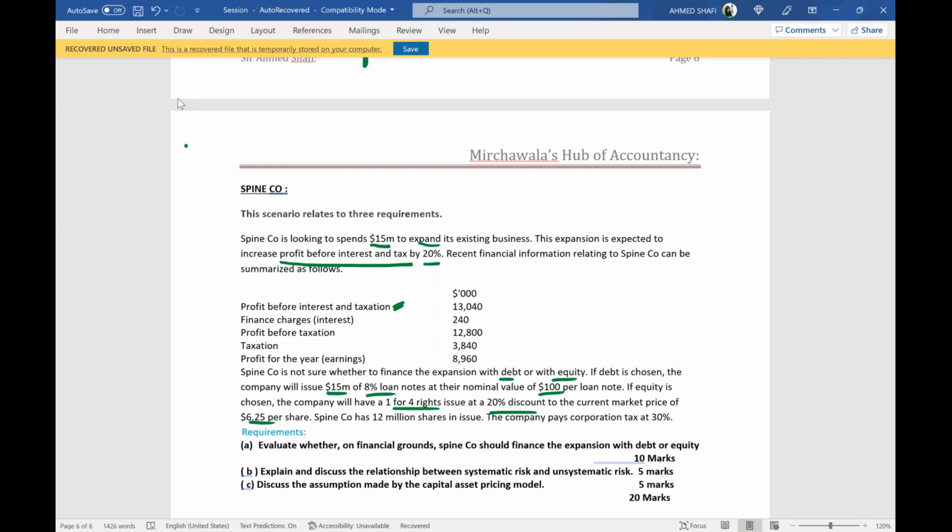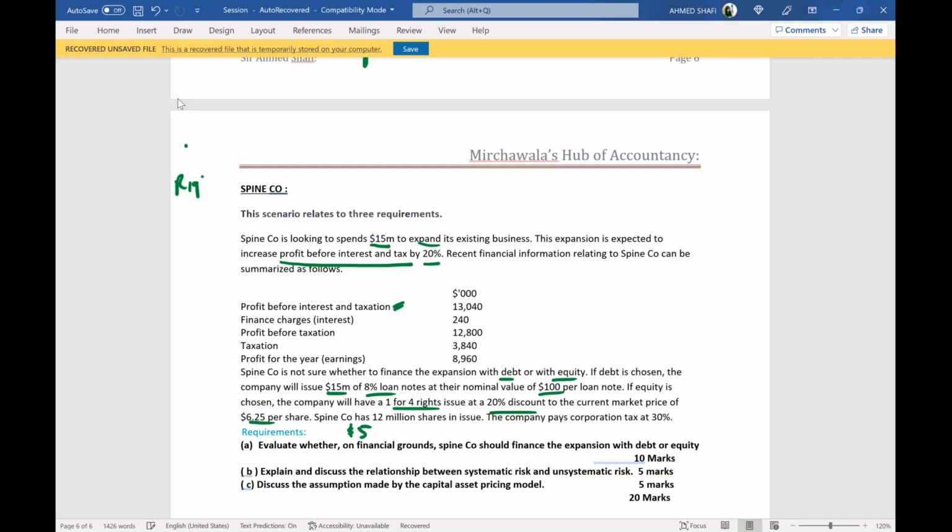So 20% discount to the current share price of 6.25 will make it 5.